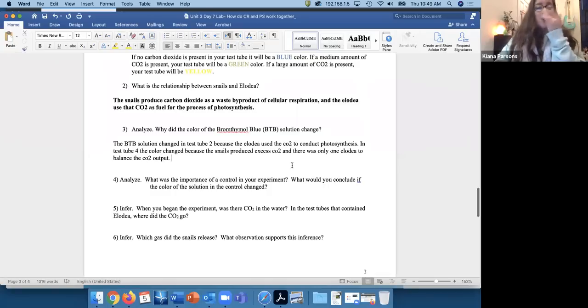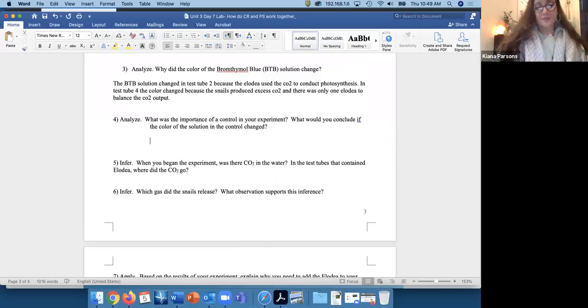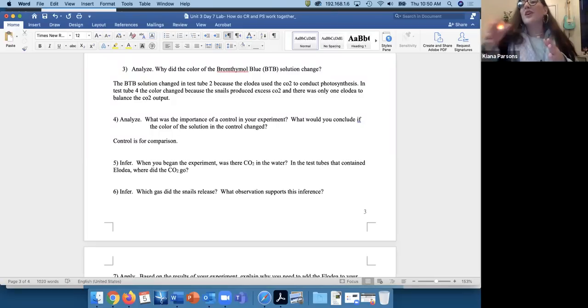What was the importance of a control in your experiment? What would you conclude if the color of the solution in the control changed? So, okay, this is an easy one. Obviously, in every experiment, the control is for comparison. And if the test tube that had nothing in it had changed, for example, let's say we don't know a lot about carbon dioxide and this is an indicator for some chemical we're not that familiar with, we could determine that if the color in the test tube that had nothing else in it changed, maybe that solution degrades over time.